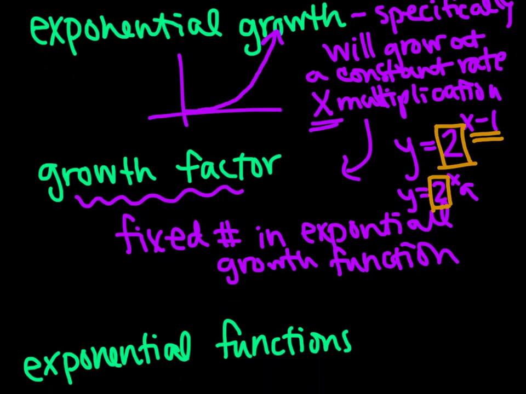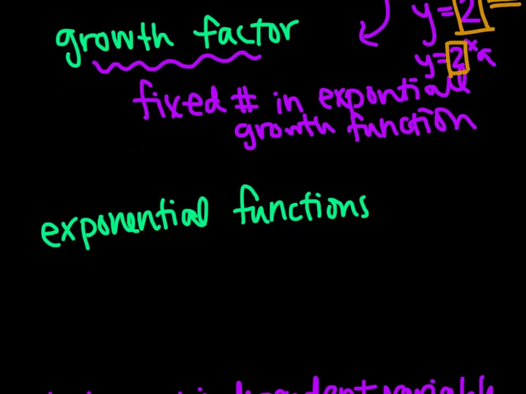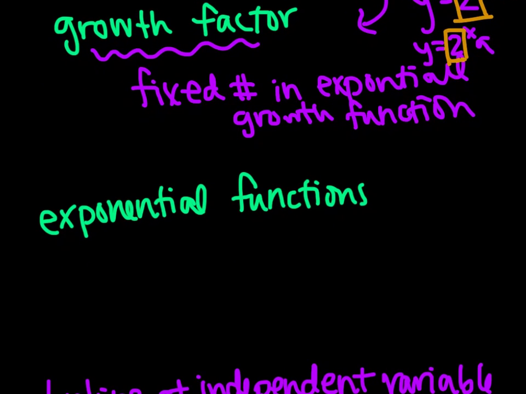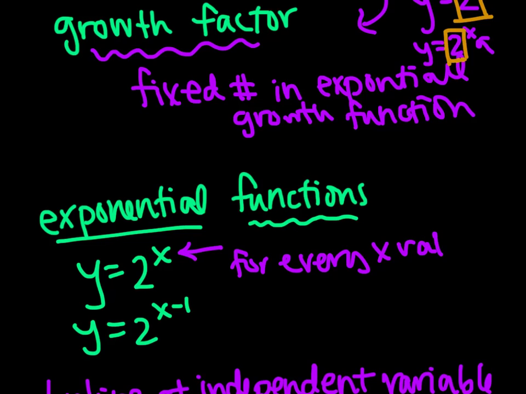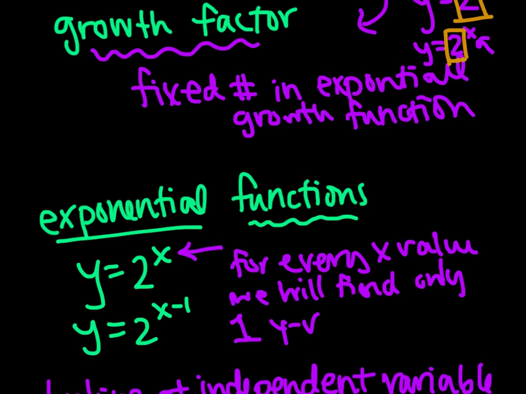That is our variable. Moving on, we also have the concept of exponential functions. Exponential functions are this same idea where we have y is equal to 2x or y is equal to 2x minus 1, but a function indicates that for every input we have, for every x value, we will find only one y value.